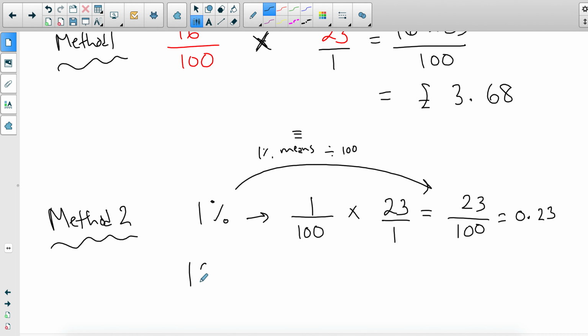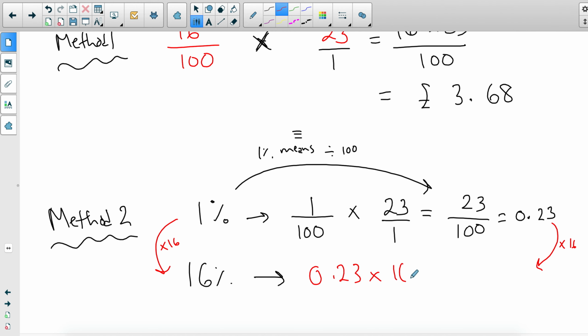And then to find 16%, how can I get from 1% to 16%? I can just multiply by 16. Similarly, to get from 0.23 to the amount that I need, I'm going to multiply by 16. So the 16% will just be 0.23 times 16.